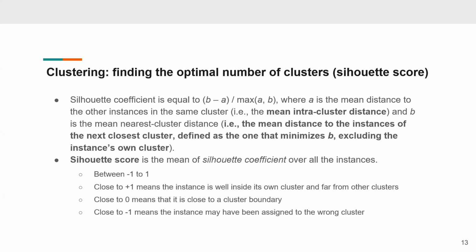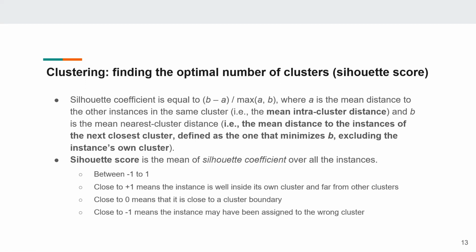This point and the nearest cluster, which is a different cluster, and the mean distance from this point to the instances in the nearest cluster, that average. So we use b minus a divided by max of a and b to define the relationship between the intra-cluster and inter-cluster distance.